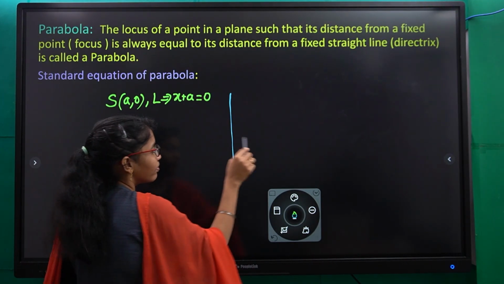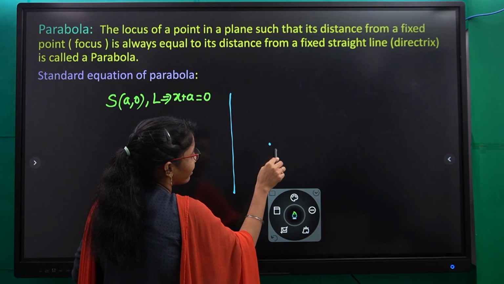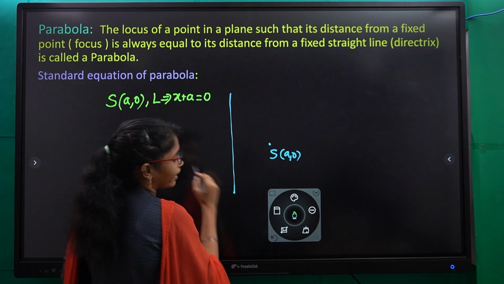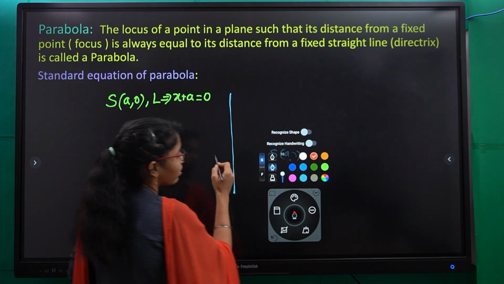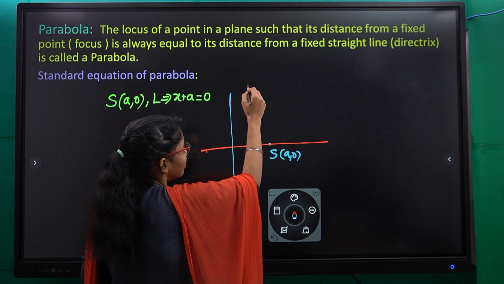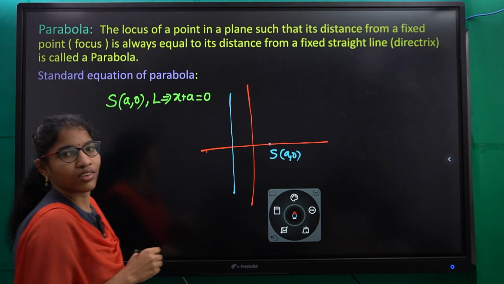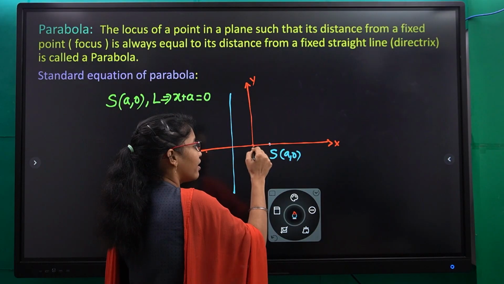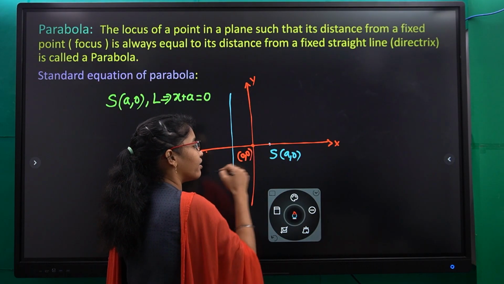Like this, and this is the focus point S, which is a comma 0. Now take the coordinate axes like this. This is the x-axis and this is the y-axis, and this is 0 0.